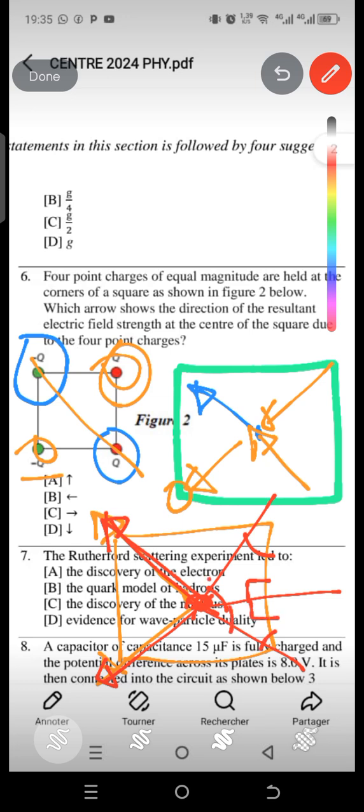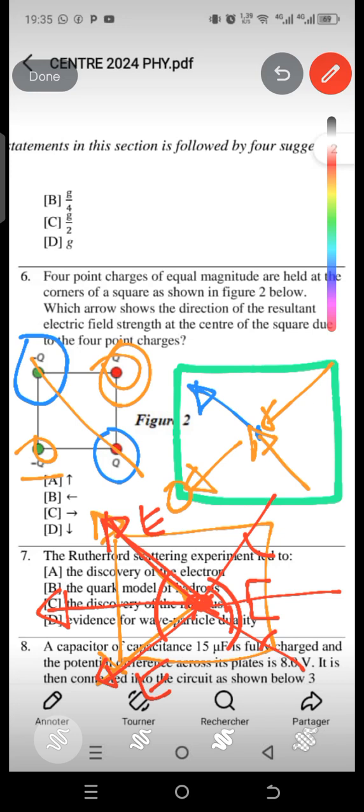So the total angle here is 90 degrees, and it is the same as the total angle here, which is 90 degrees. Therefore, the resultant has to divide that 90 degrees into two, because the two components have equal magnitudes. So the resultant is going to be perfectly horizontal, because the magnitude of this component is the same as the magnitude of this component, because the magnitude of all the charges are the same.